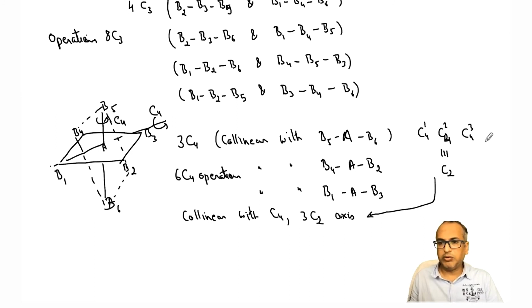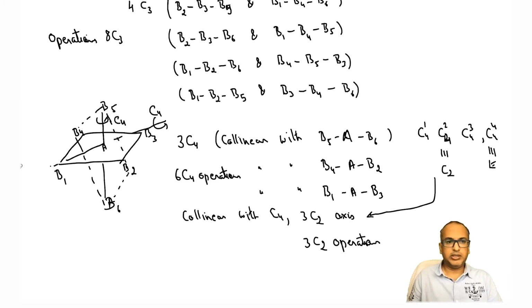Then you have C4 to the power 3 as an independent operation. C4 to the power 4 will be equivalent to the identity operation. So each C4 axis will give you 2 operations, 6 C4 operations in total, and collinear with C4 there will be 3 C2 axes, which will give you 3 C2 operations.